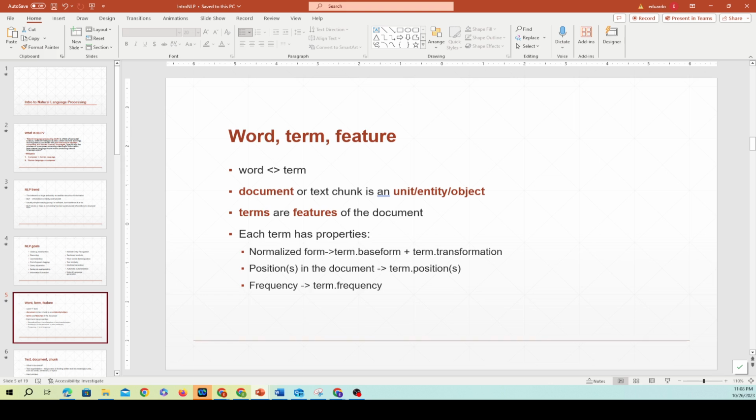Position in the document is found by the term position. Frequency is determined by the term frequency. Normalizing the form is practically restructuring the word into a specific way that is readable. Position is where the term is in the document, and frequency is how often a term appears in the document.